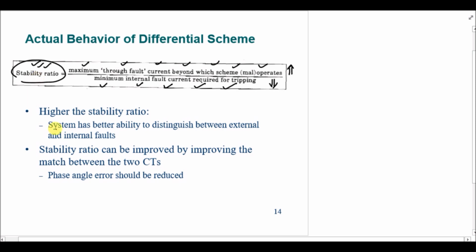So if we have a higher stability ratio, it means that the scheme will be distinguishing between the external and internal fault currents, and also the phase angle error will be reduced, because a higher stability ratio means the CTs are closely matched. The CTs are closely matched, so there is less error, so the phase angle error will be reduced, right?